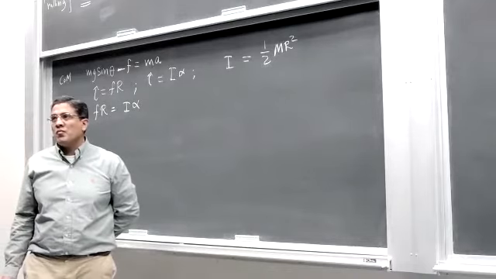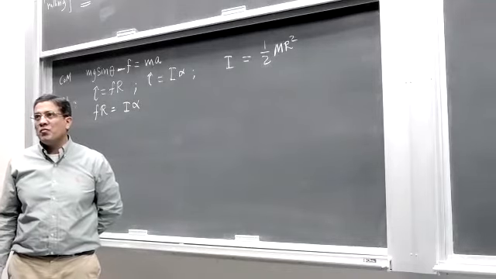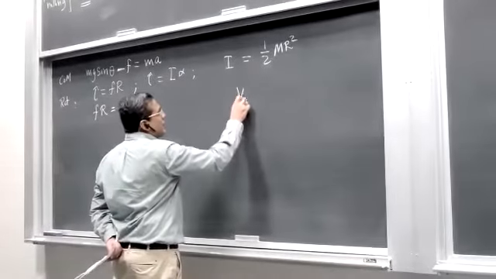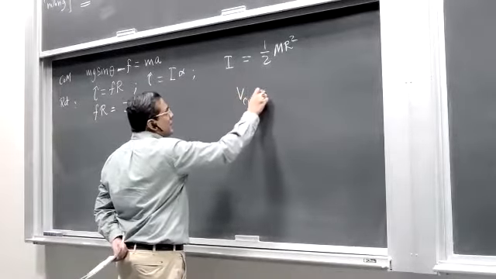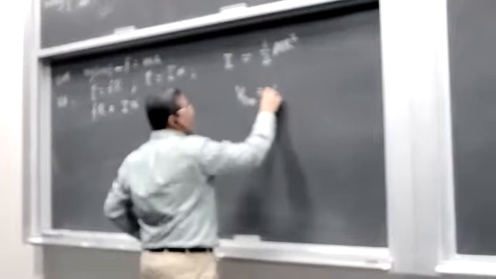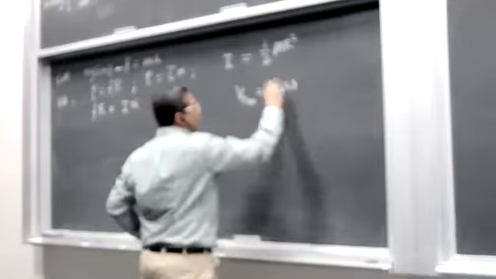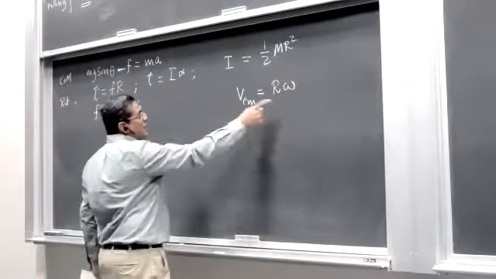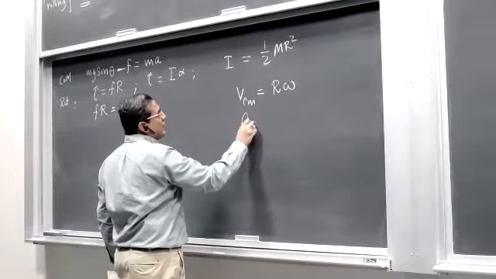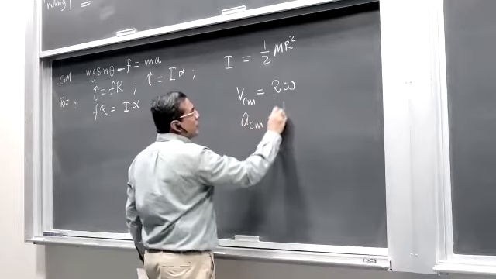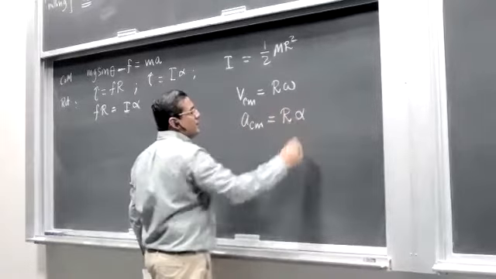The velocity of the center of mass is equal to the tangential velocity, which is r omega. Now take a time derivative on both sides and you get the acceleration of the center of mass equals r alpha.